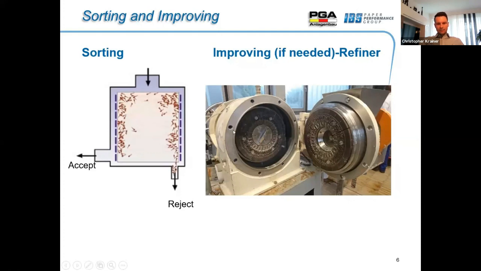A refiner, like here, this part, improves the fiber and makes it fibrillated. Higher strengths are generated. The double disc refiner consists of two grinding discs that rotate in opposite directions. Here, the fibrillation takes place between the two grinding discs in the grinding gap.